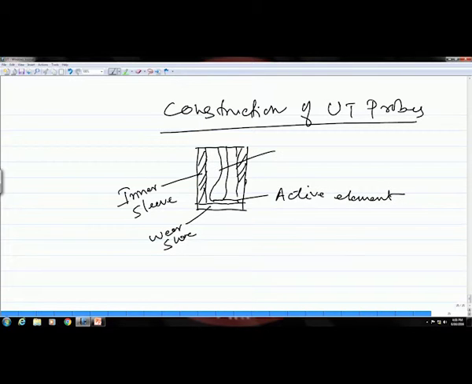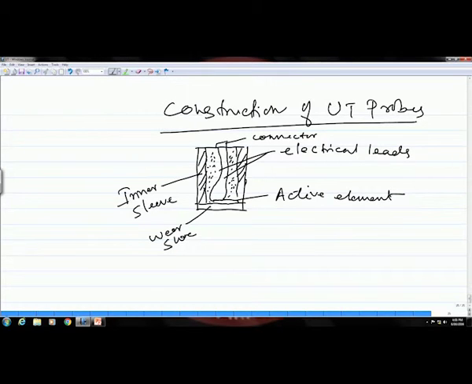These are the electrical leads. So, here on top should have a connector for electrical connection, and this background, as I mentioned, should be made of some material which has high damping capacity.